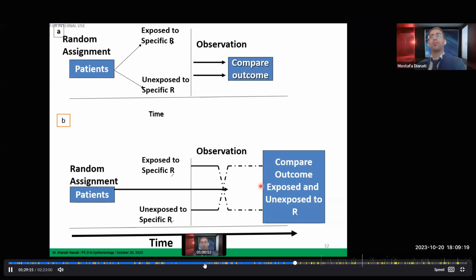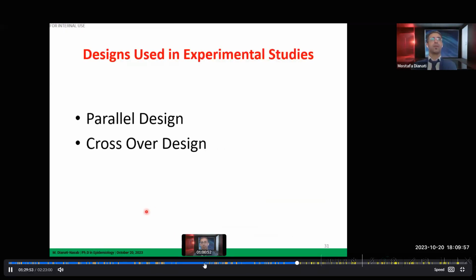Then we will compare the results between the two groups. A key factor here is a washout period. It means you have to specify maybe like 1 month, 2 weeks, depending on your exposure, your intervention. You have to specify a washout period in order to make sure that the effect of this exposure or intervention is cleared, okay, has disappeared. And then you will change your arms, okay? And we call it crossover design.